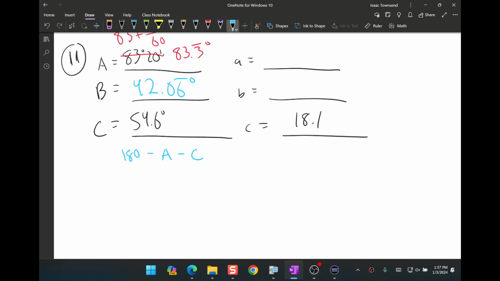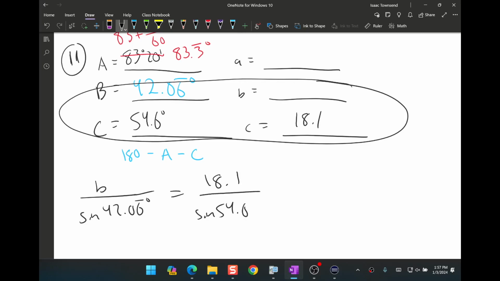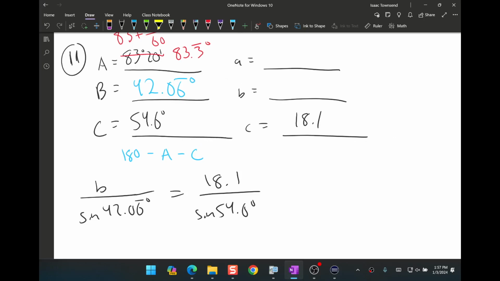So if it's a right triangle, go for it, but none of these angles are right angles, so this is not a right triangle. So I could pair up this information together, say B over the sine of B is equal to C over the sine of angle C. And so it looks like B would be 18.1 times the sine of angle B divided by the sine of angle C. Calculator would do that for me.